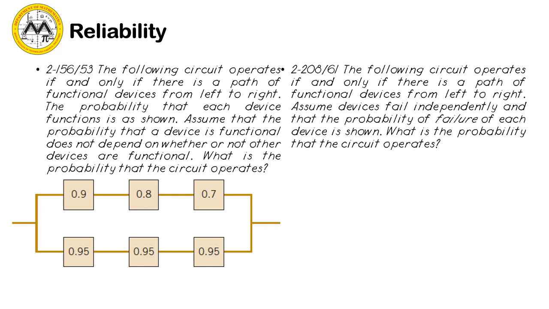For this one, we take the total reliability of the first branch and then the second branch. So it would be 0.9 times 0.8 times 0.7. So that's 0.504. Observe that it is lower than the individual reliabilities.